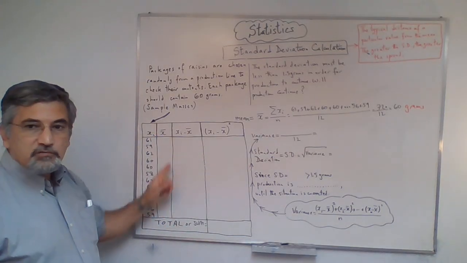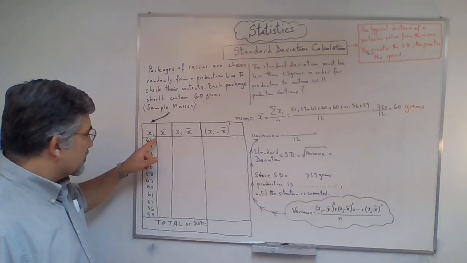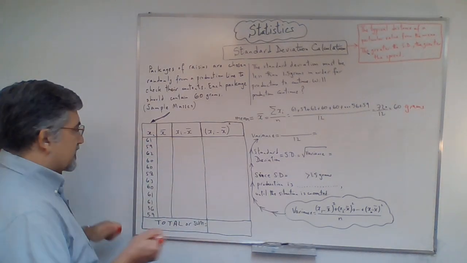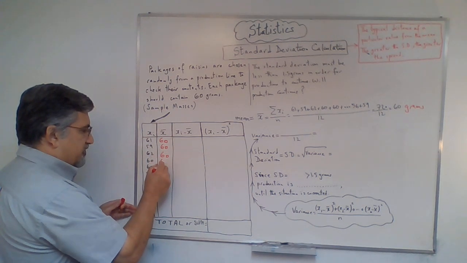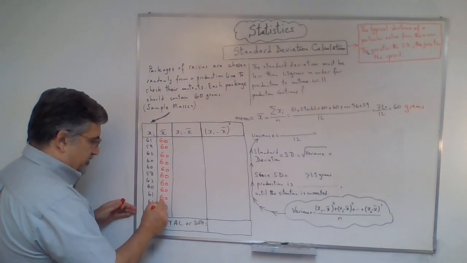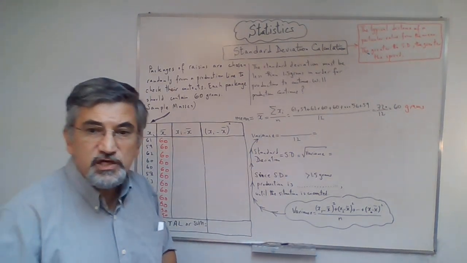So in the second column of our table, we are going to write x bar, or the mean, which was 60. And it doesn't change, so it's going to be 60 for every single case. So I'm going to write 60 for every scenario, because the mean doesn't change.